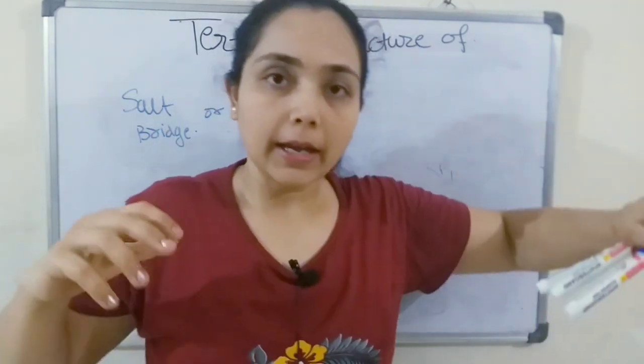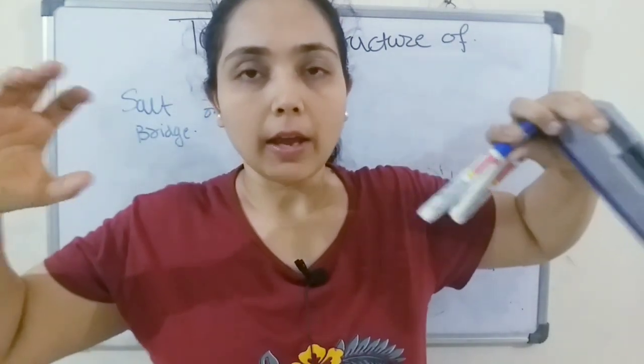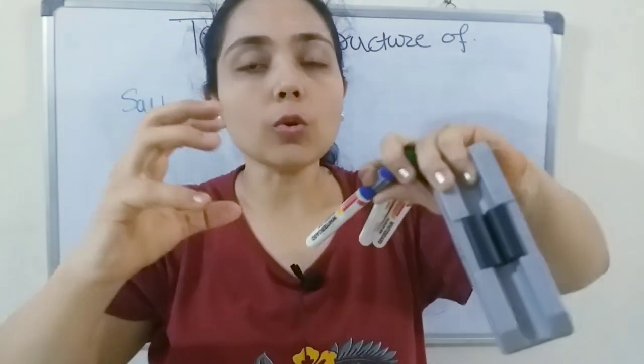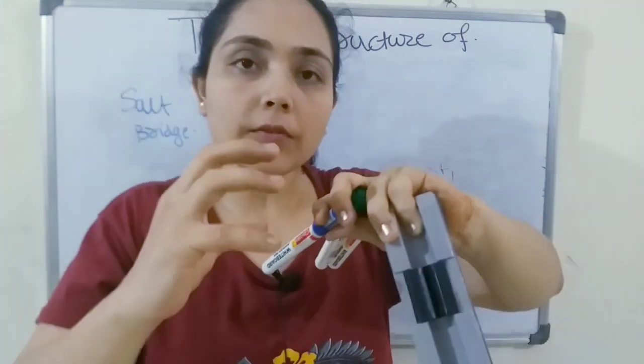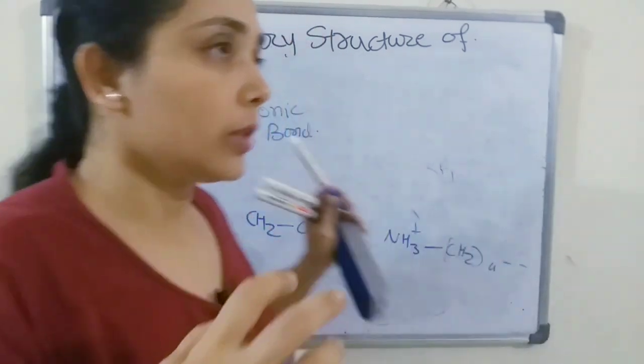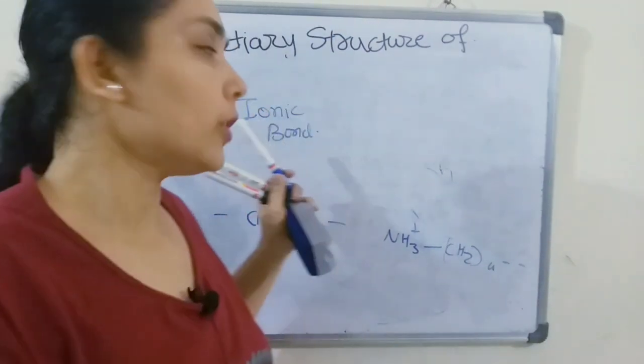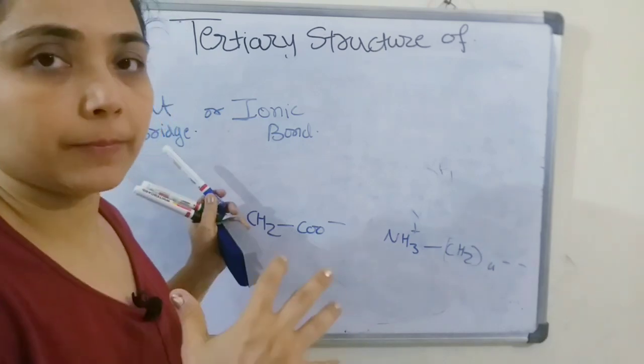So when these opposite charges, the anion and cation, come close to each other, a bond forms between the opposite charges. That is an ionic bond, and this type of interaction is present in salts, therefore it is also known as salt bridges.